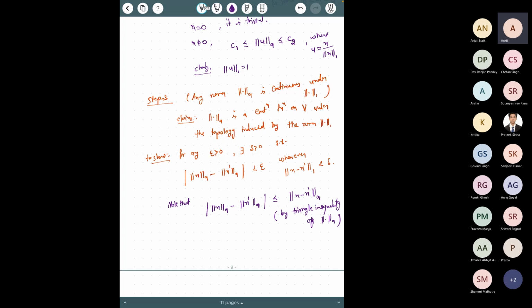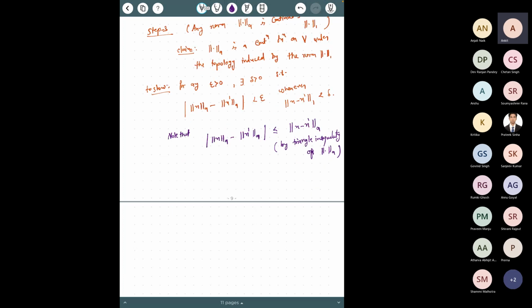Okay, so now if I take any two vectors x and x dash, I can write x as a linear combination of basis vectors with coefficients alpha i, and x dash also as a linear combination of basis vectors with coefficients alpha i dash. Then what would be x minus x dash?